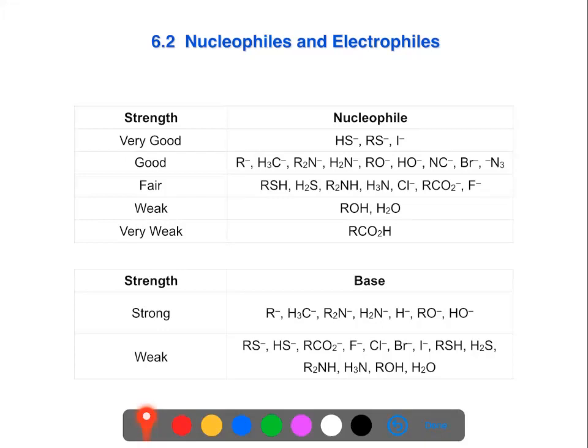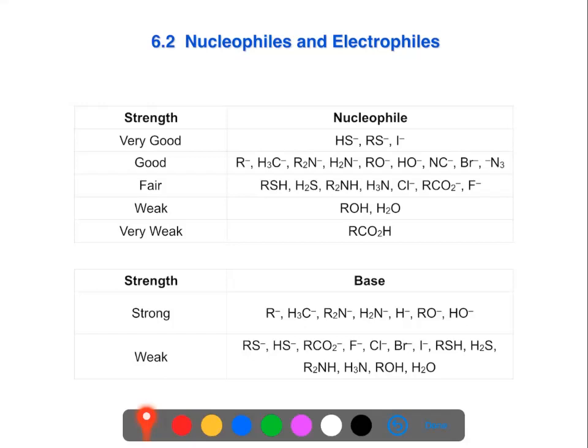By no means am I expecting any of you to memorize this table. This is a guide and a reference, and it will be helpful when you're working on assignment questions and preparing for examinations. And you'll understand these trends the more that you use them as we apply them in various reactions.